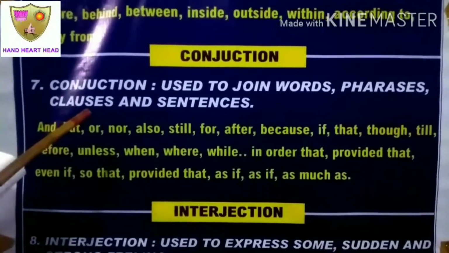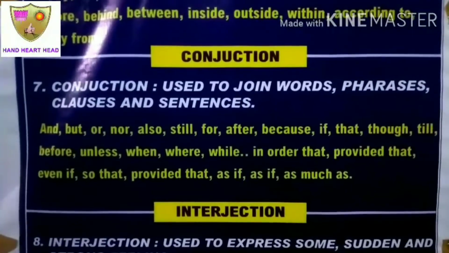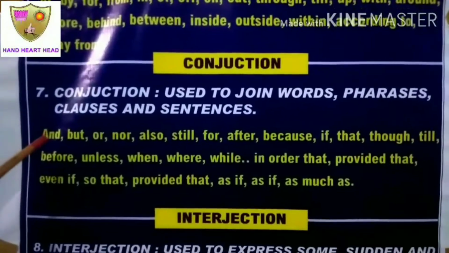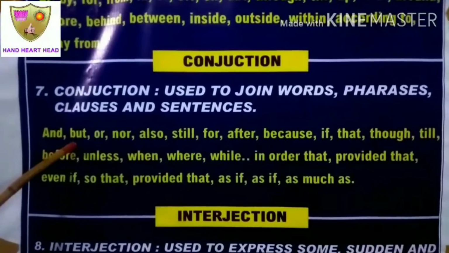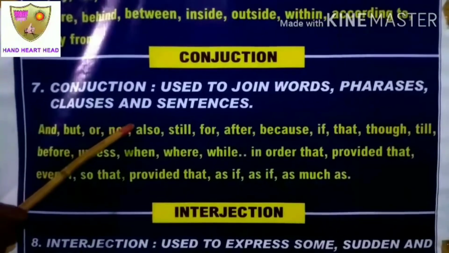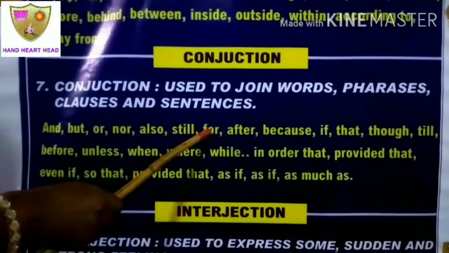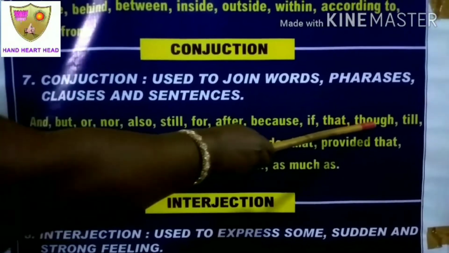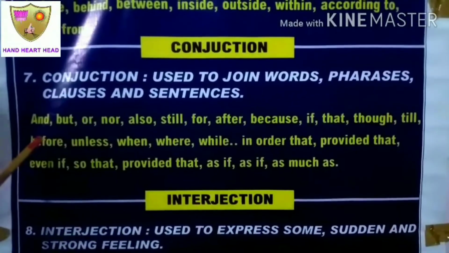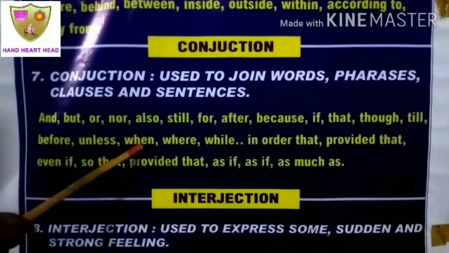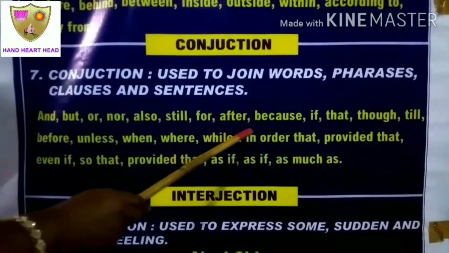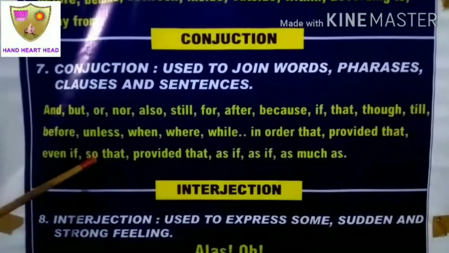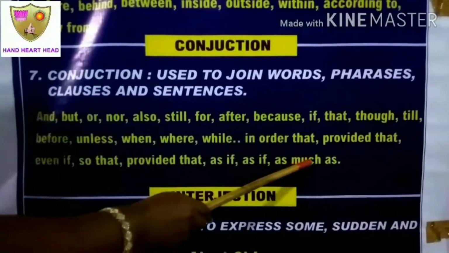And: Rama and Somu are friends. ராமாவும் சோமுவும் ஃப்ரெண்ட்ஸ். ராமன் என்ற சோமு என்ற ரெண்டு வார்த்தையை இணைப்பதற்கு and பயன்படுகிறது. But, or, nor, also, still, for, after, because, if, that, though, till, before, unless, when, where, while, in order that, provided that, even if, so that, as if, as much as.